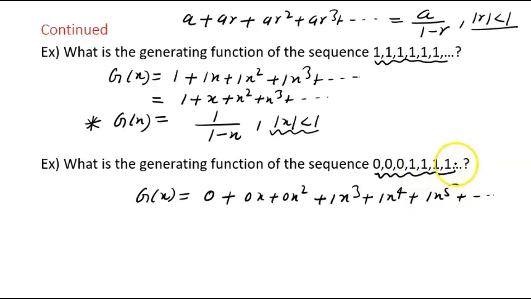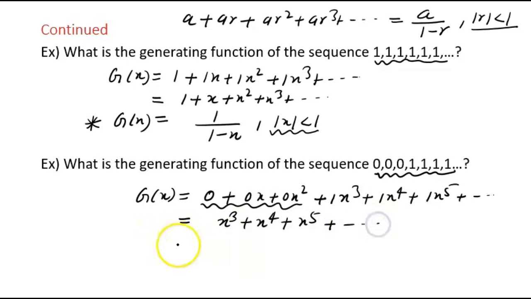You can see that all other terms that follow after this will remain 1. So just to simplify, I notice that the first 3 terms are nothing but 0. So we have the expression x cube plus x to the power 4 plus x to the power 5 and so on. To write its closed form, I can take x cube common. I will get 1 plus x plus x square and so on.